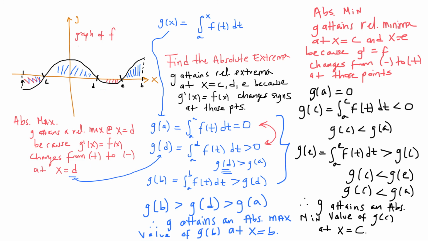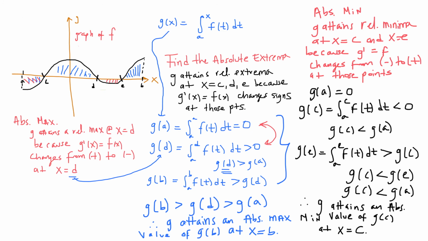So then, again, the idea is by looking at nothing but areas below and above, and keeping in mind if you have more area above the x-axis or below the x-axis, then you can actually compare critical values and endpoints and make a decision as to where you have an absolute max or where you have an absolute min.